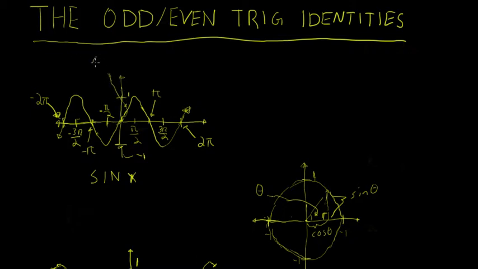The sine of pi over 4 is the square root of 2 over 2. Now let's say we're interested in the sine of negative pi over 4. Well, negative pi over 4 is somewhere here. So the sine of negative pi over 4 is negative square root of 2 over 2.